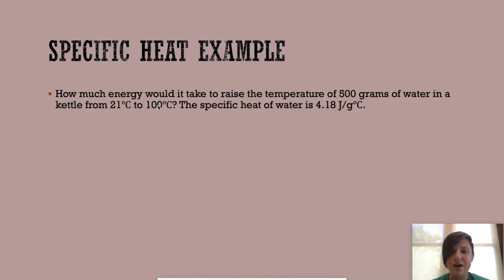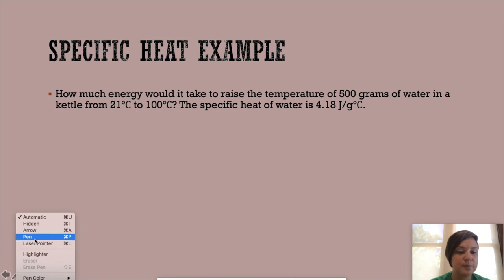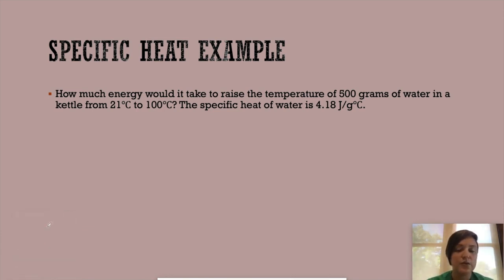So let's do a calorimetry problem or a specific heat problem together. Okay, so let me get my pen ready. And we'll see what this question is asking us. So it's asking us how much energy would it take to raise the temperature of 500 grams of water in a kettle from 21 degrees Celsius to 100 degrees Celsius. And the specific heat of water is 4.18 joules per gram per degree Celsius.